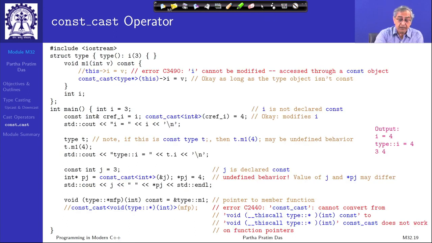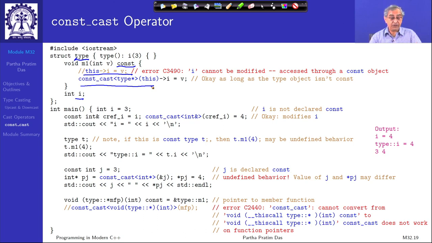Finally, here there are some more examples for you to understand. Here is a struct type, a constant member function. If you have a constant member function, naturally you cannot do this in it, because using this pointer you cannot change I. So, you cannot do that, but you can strip off the constness of this pointer and do this.